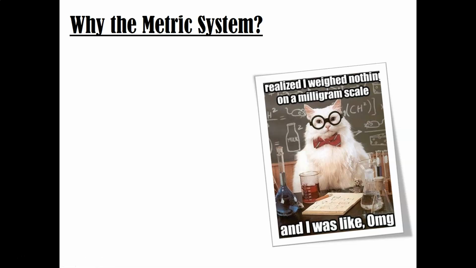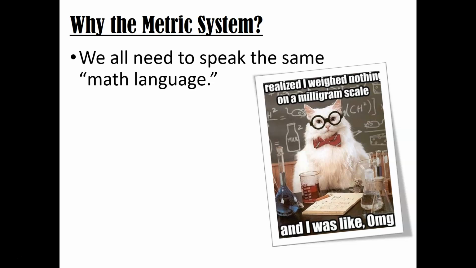Real quick, why are we going to use the metric system? Well, we need everybody using the same math language. Everybody else uses it. There's very few countries in the world that don't use the metric system. Depending on the year, I hear 2 or 3 countries that don't use it, ourselves included. So since the majority of people do, then science decided let's just all be on the same page as the metric system.